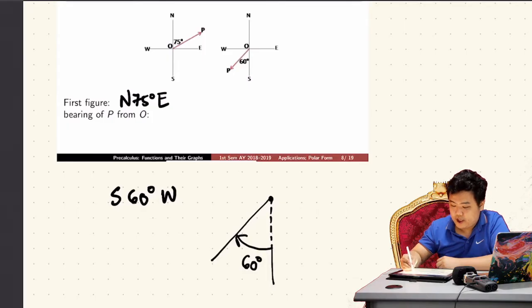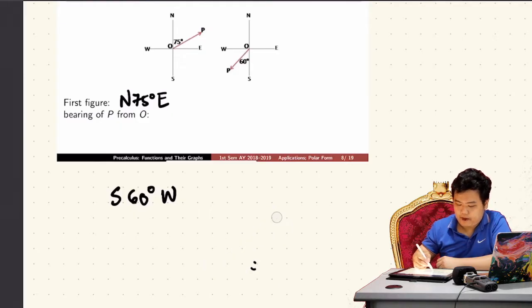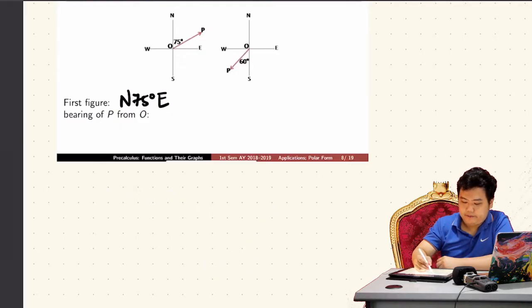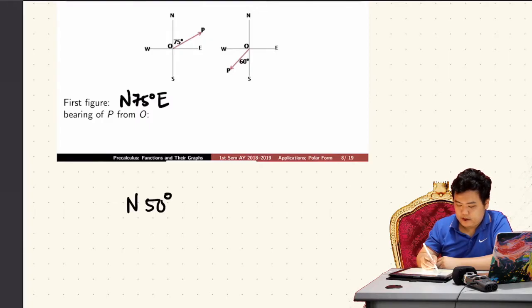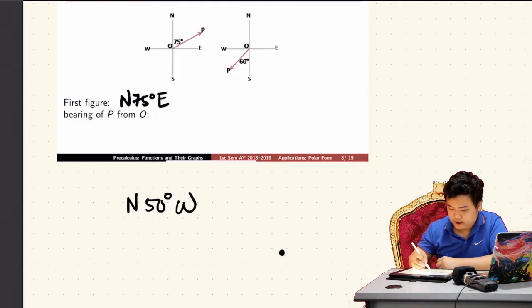So, nasaan ka dyan? Ito ka. Si Violet. Okay? Okay, isa pa. Para malinaw lang. North 50 degrees west. So let's say start here. So punta ka ng north and then 50 degrees pa west.